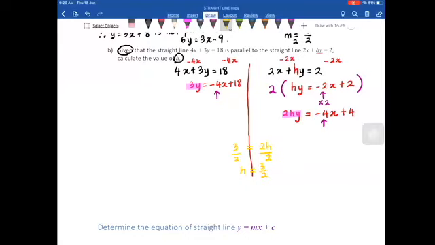So for those who wants to know, cara lain adalah you can change the original equation kepada bentuk y equals to mx plus c, baru kamu compare.